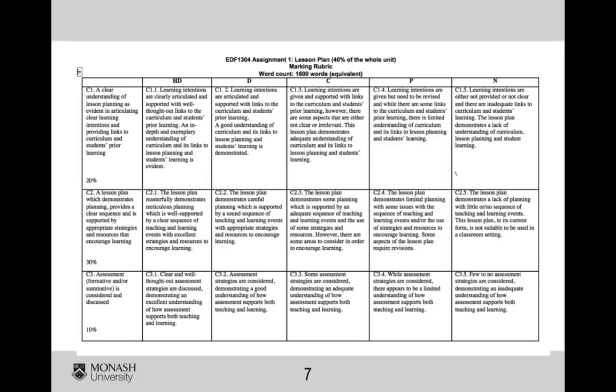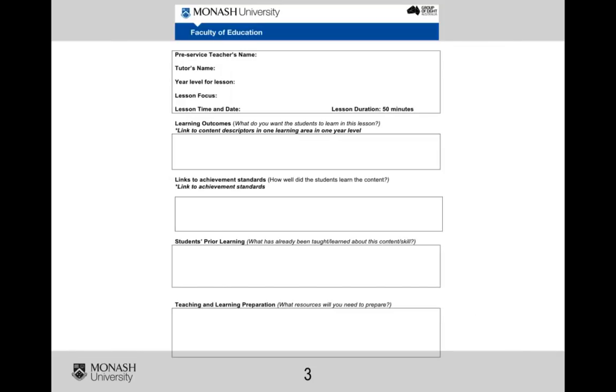We're not going to go through the rubric because this is getting really long. Sorry to keep you for this long. But the first criterion is that a clear understanding of lesson planning is evident, articulating clear learning intentions and providing links. That's the first part of the lesson plan. Have you been able to identify learning outcomes and achievement standards and explain that?